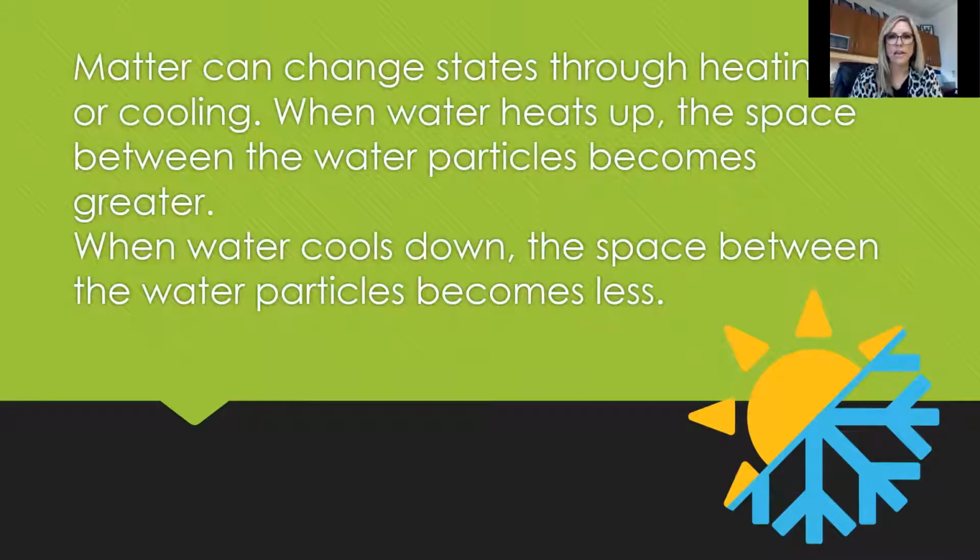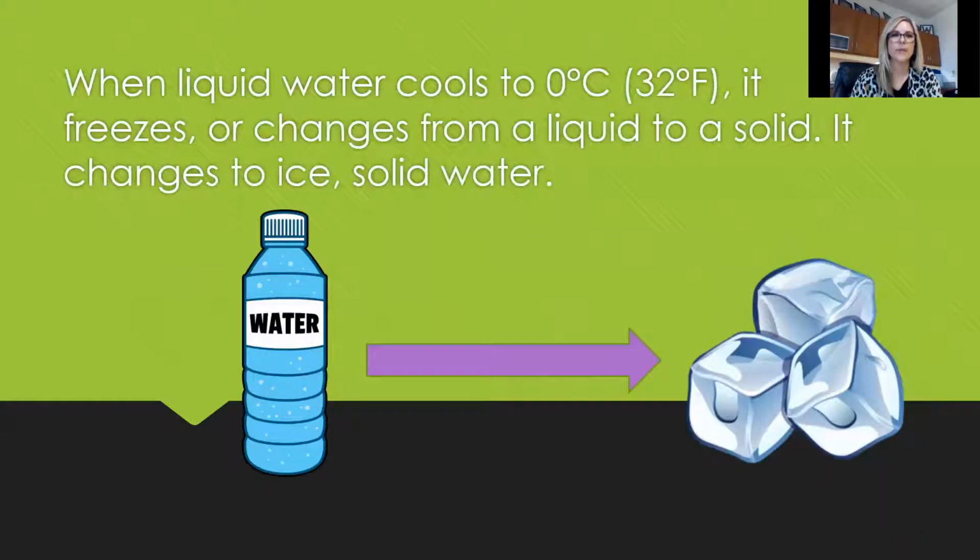Matter can change states through heating or cooling. When water heats up, the space between the water particles becomes greater. And when water cools down, the space between the water particles becomes less. When liquid water cools to 0 degrees Celsius or 32 degrees Fahrenheit, this C is Celsius, and this F is Fahrenheit.